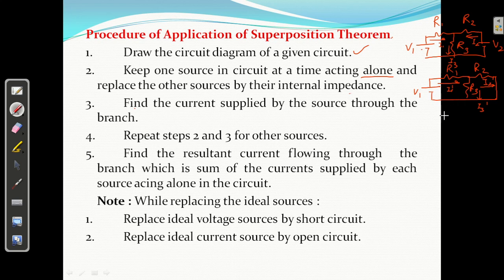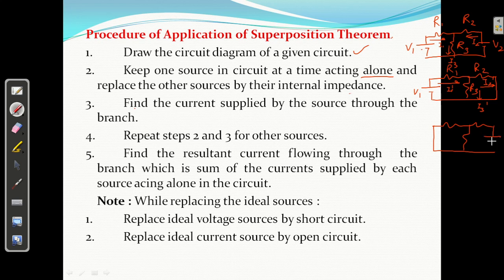Second, find the current supplied by the source through the branch. Okay, next step, consider the other source and repeat steps 2 and 3 for the other source. Clear?